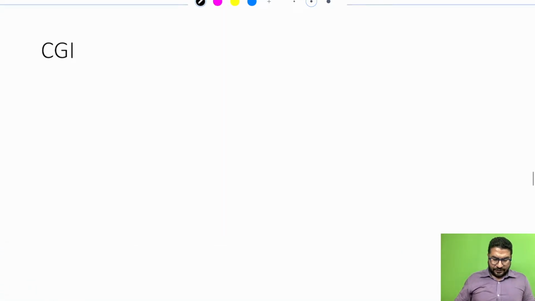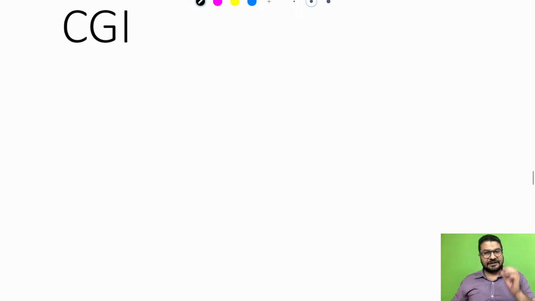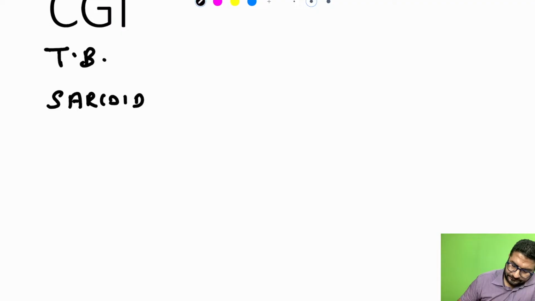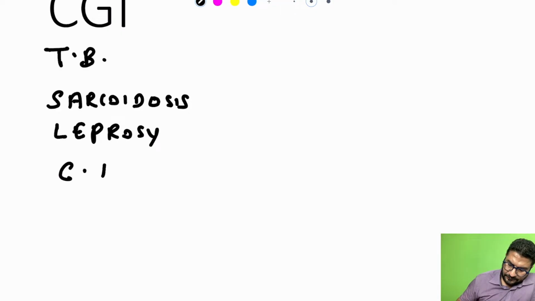Okay, coming to chronic granulomatous inflammation. Wherever a granuloma forms, we call it chronic granulomatous inflammation. So where do we see granuloma formation? You can see this in TB, in sarcoidosis, in leprosy, then in Crohn's disease.